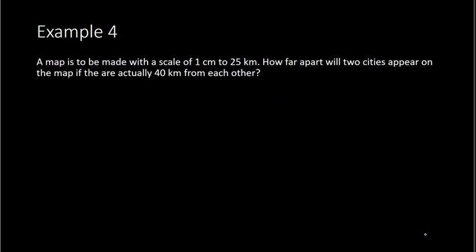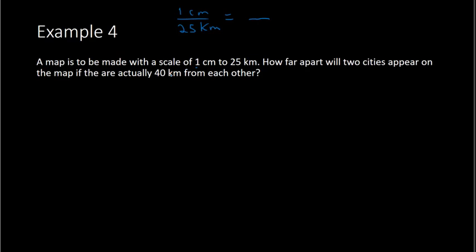The next example is working the other way. So we are told the scale of a map is 1 centimeter to 25 kilometers. And we're trying to find how far apart will two cities appear if they are actually 40 kilometers from each other. So in this case, we use the scale, which is 1 centimeter to 25 kilometers. Write that as a fraction, then set that equal to another fraction.